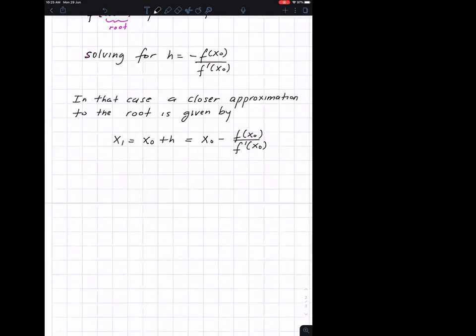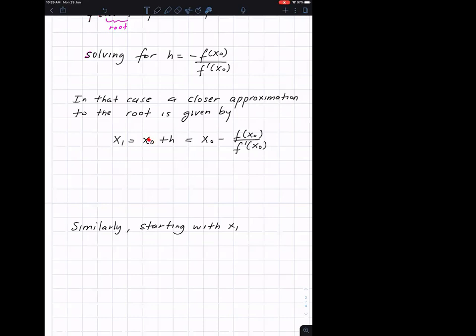Similarly, starting with x1. Initially you started with x0, and then you found x1 using this formula right here.